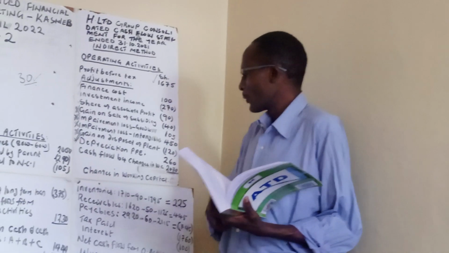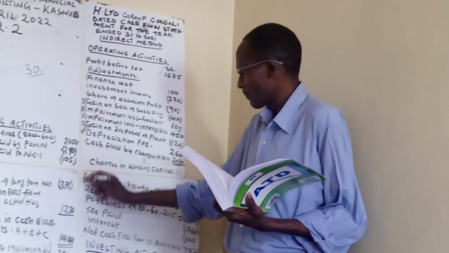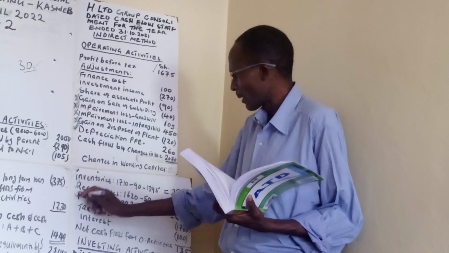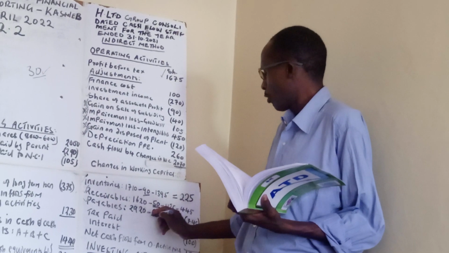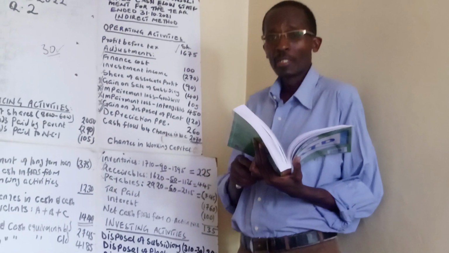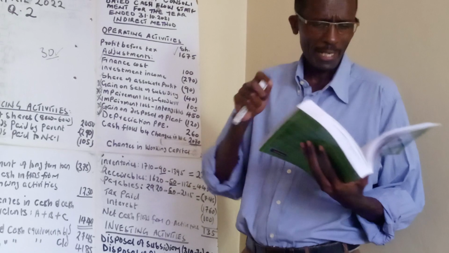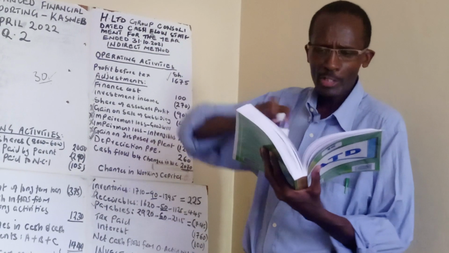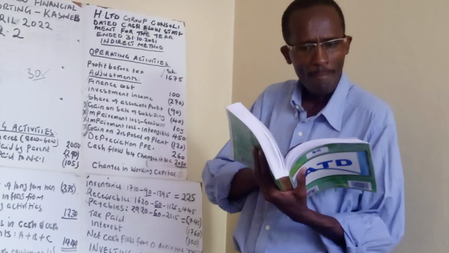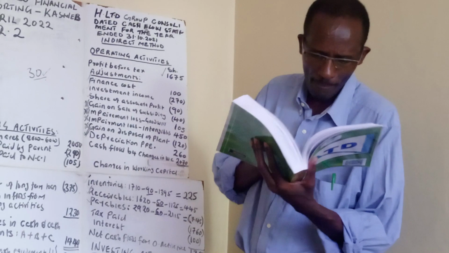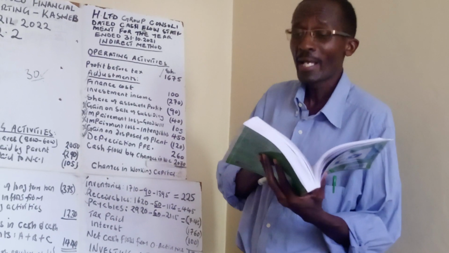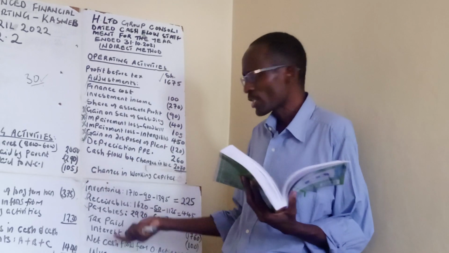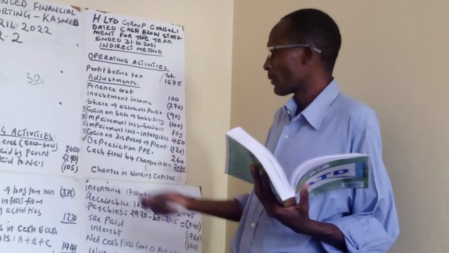Here, when you are dealing with the inventories, the receivables, and the payables, consider the disposal of S Limited. When we disposed of this company, which is additional information number 1, S Limited was having some inventories, some payables, and some receivables.